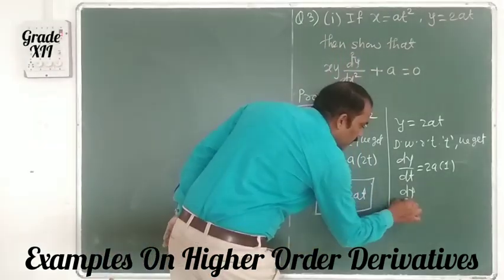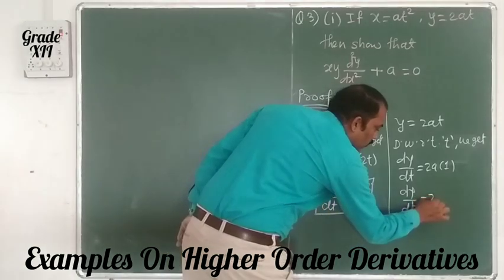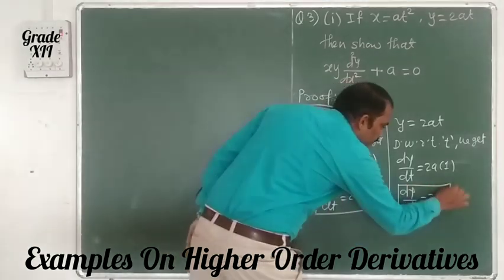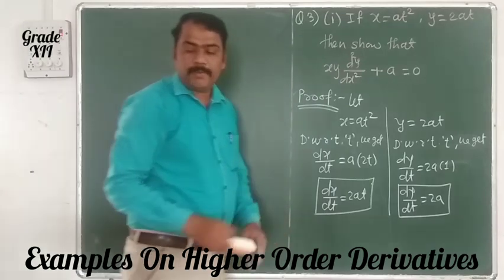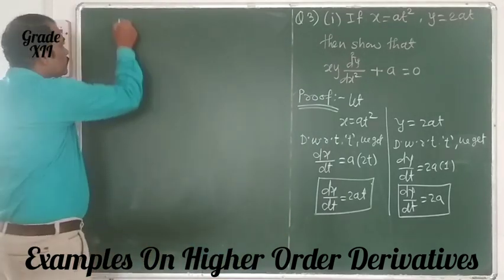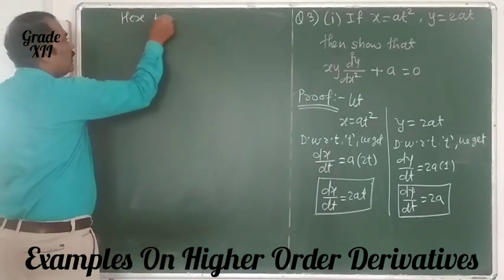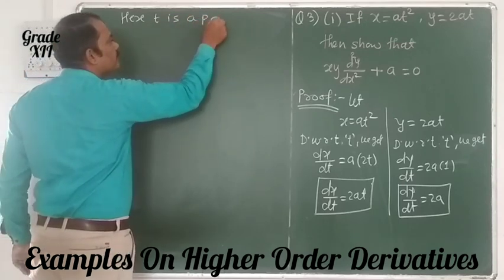That is why dy by dt is equal to 2a. Here t is a parameter.